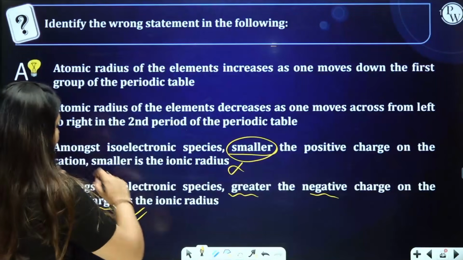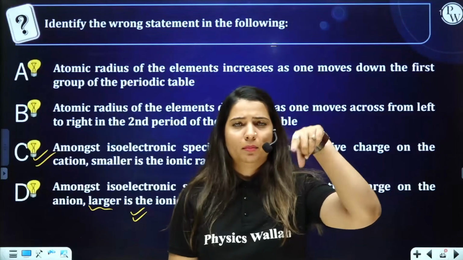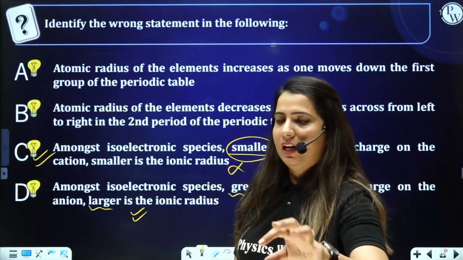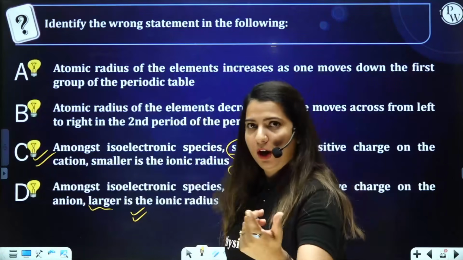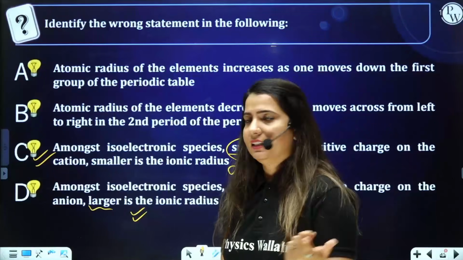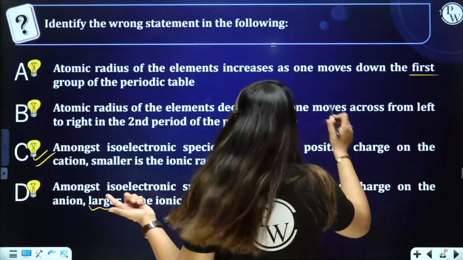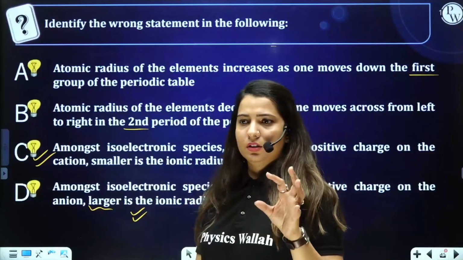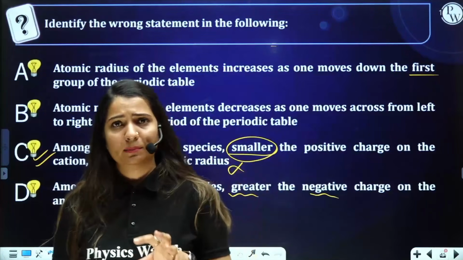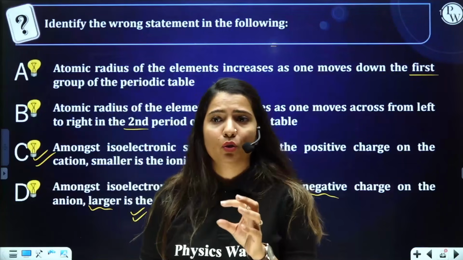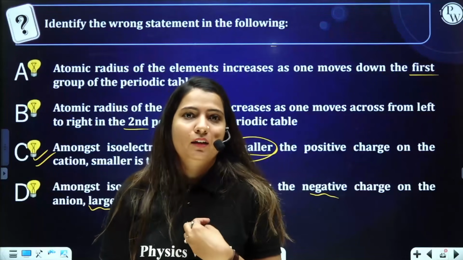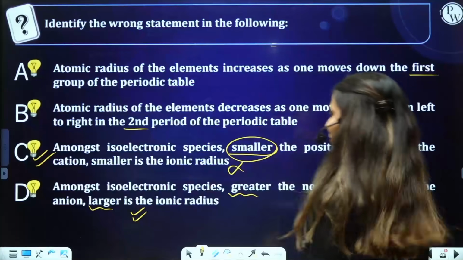Don't think that because it is talking about the second period, it applies only to the second period. No, because the same kind of anomaly is in option A also. Here they are talking about only the first one, here only the second one. So just do not stick to the concepts. Sometimes we have to segregate between the points also. What is the question demanding from us? Right? Move forward.